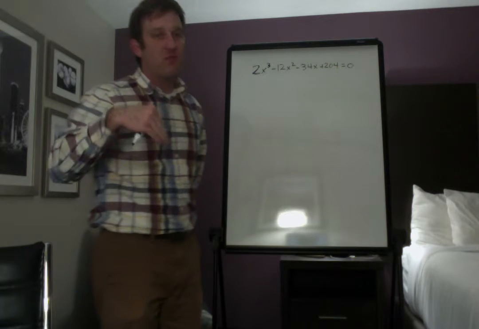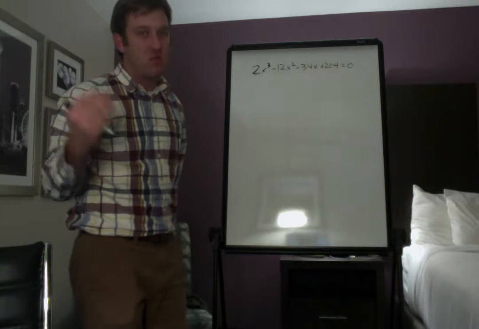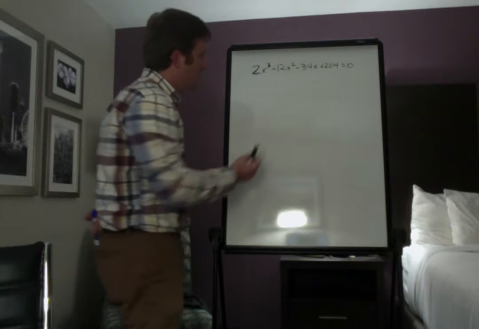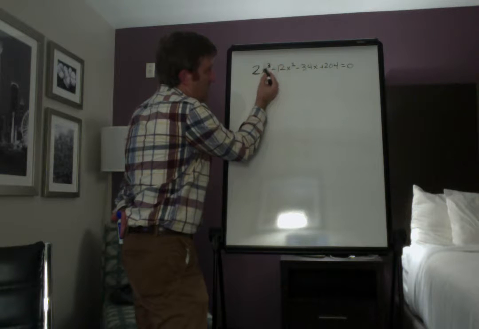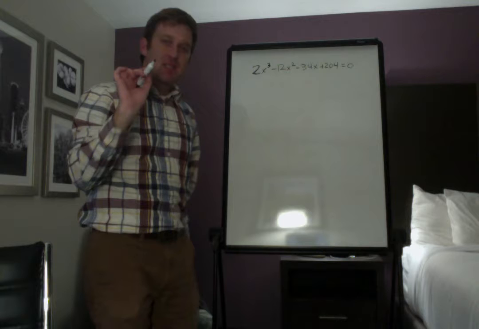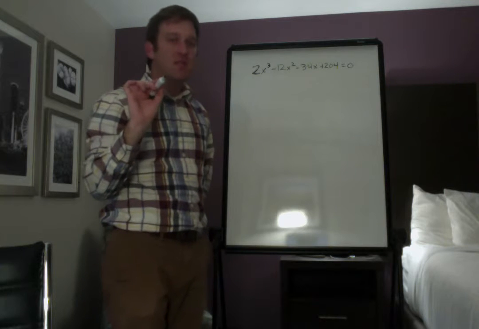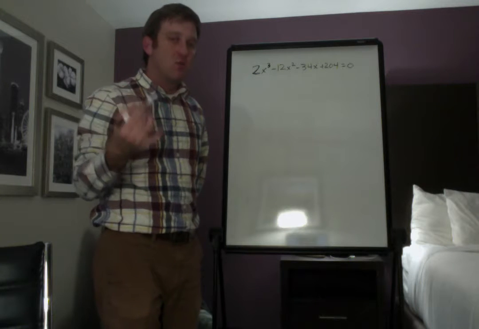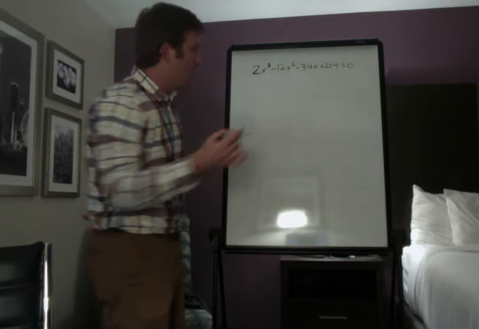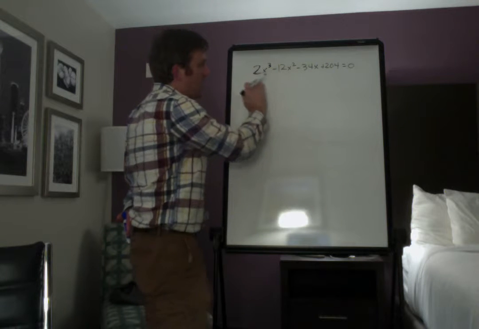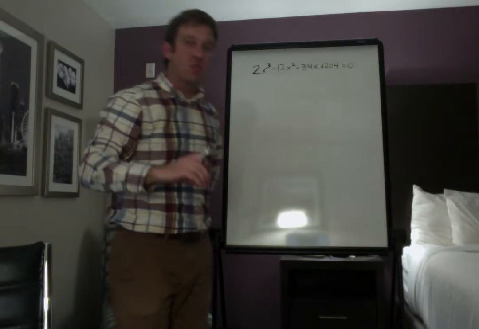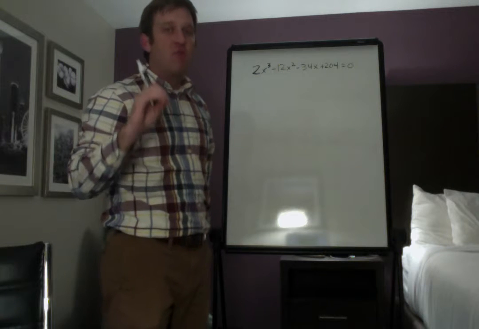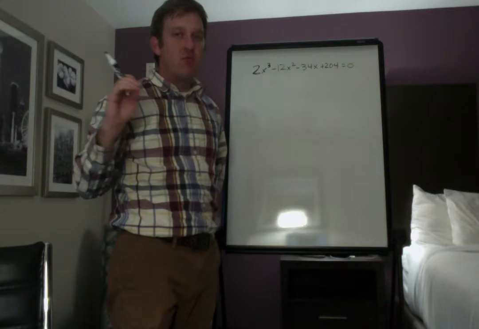But the big part for us, for 7.2, is to recognize that this exponent on the leading term tells us exactly how many zeros we need to find. And this is sort of because any polynomial can be broken down into binomial factors if we allow for zeros that are non-real.